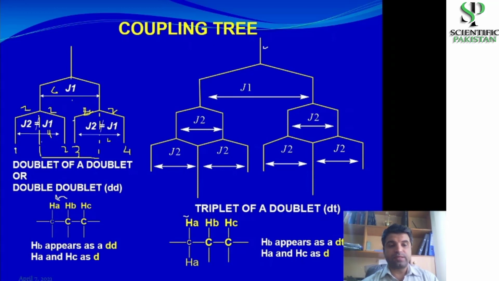Now, the distance between this line and this line is equal to 4 hertz, but we need 6 hertz. How will you calculate 6 hertz? As I told you earlier, by calculation, because these two lines do not merge, there is a gap in between, and this gap is equal to how much? See, the distance from the center to this line is equal to 2.